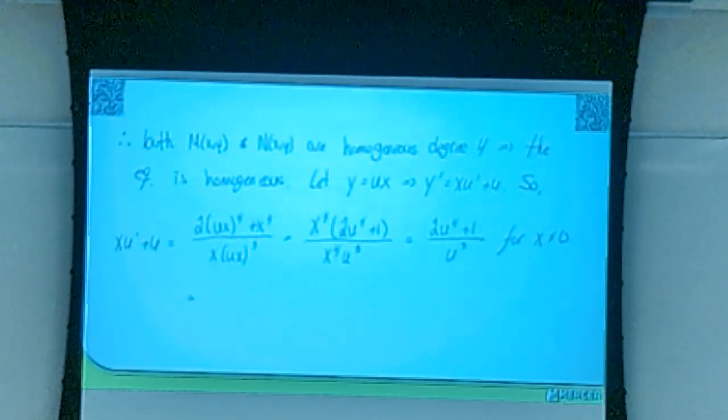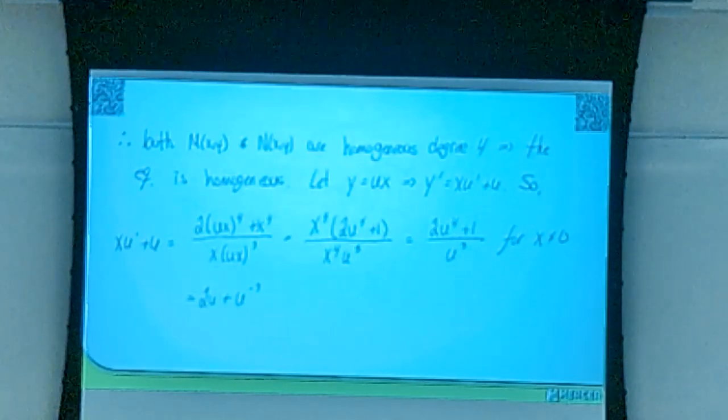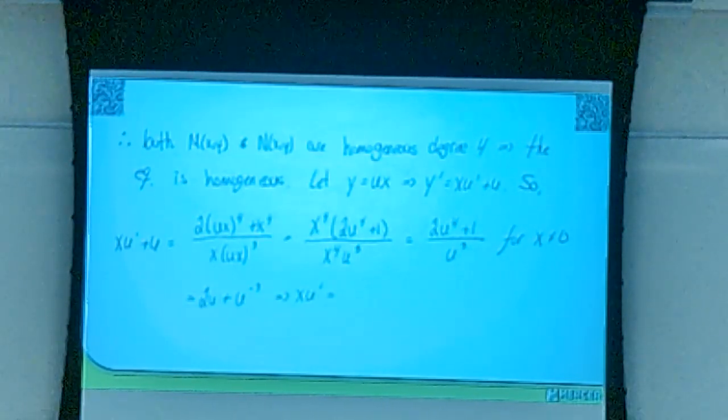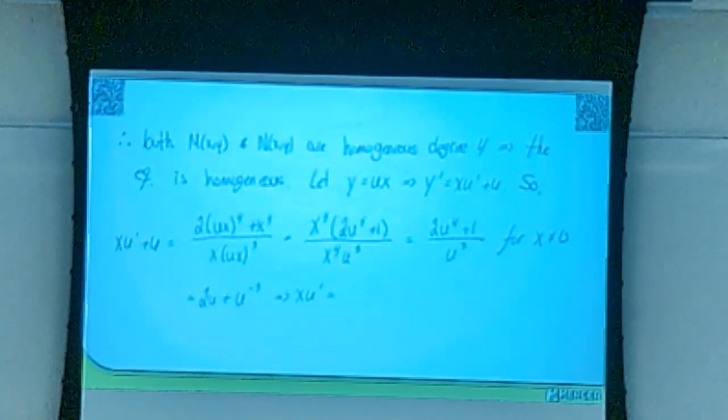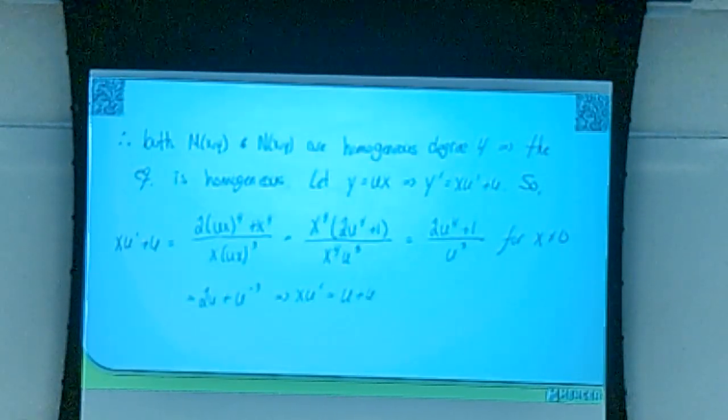That can still be simplified, though, can't it? That's 2u plus u to the minus 3? x u prime winds up being that, right?